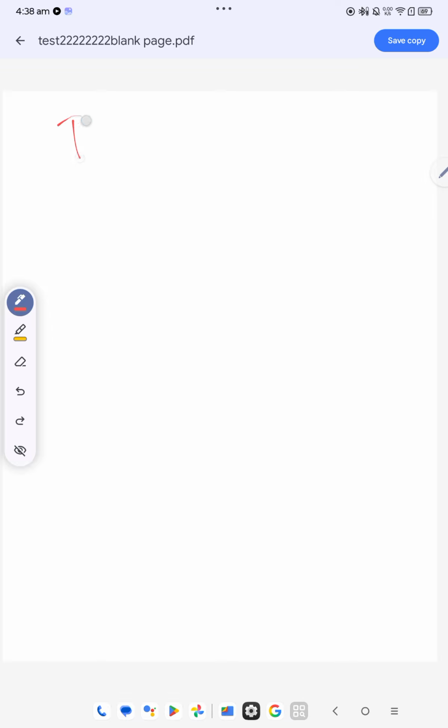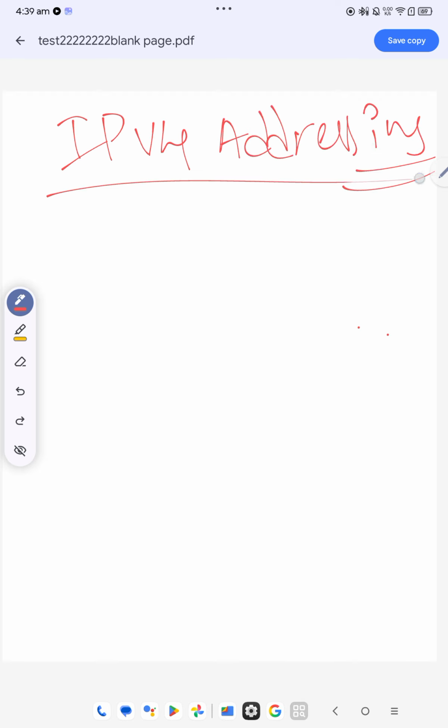Next concept is IPv4 addressing. What is an IP address? It is a logical address used to identify a device on a network and enable routing between different networks.